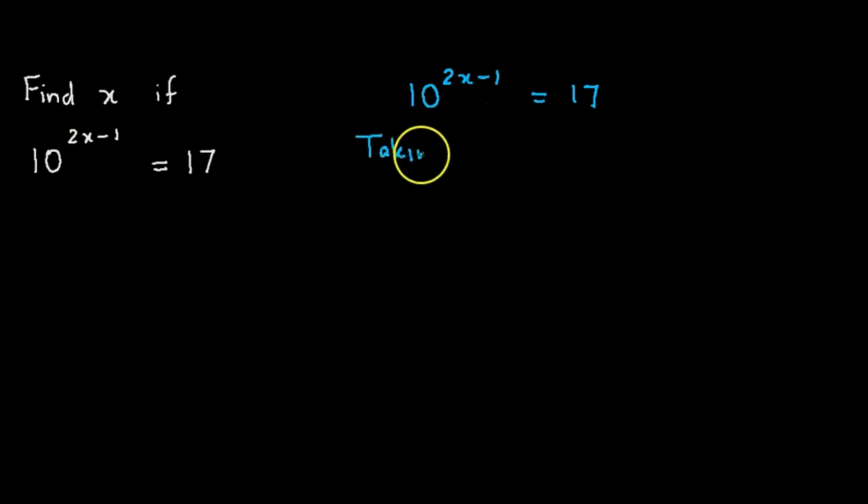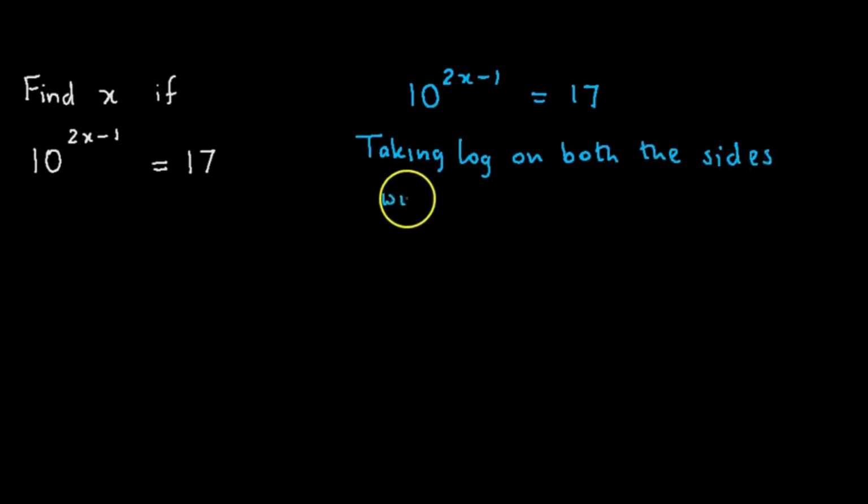So next step will be taking log on both the sides, और हमारा जो log का बेस होगा वो होगा 10. So taking log on both sides with base 10, ये भी मेंशन कर देते हैं यहाँ पे with base 10.